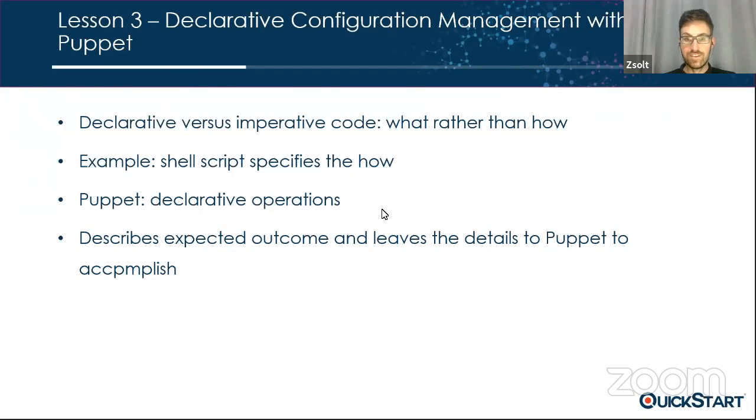Declarative code has 2 branches of declarative programming: functional programming and logic programming. Logic programming is very much like theorem proving, and in functional programming, you use different functions to describe the end state. So if you wrote any Haskell code, for instance, you might know how to write declarative code there, where you describe the end state.